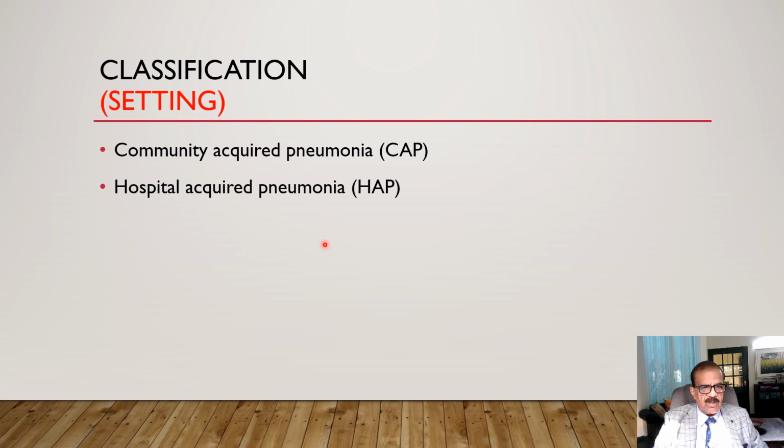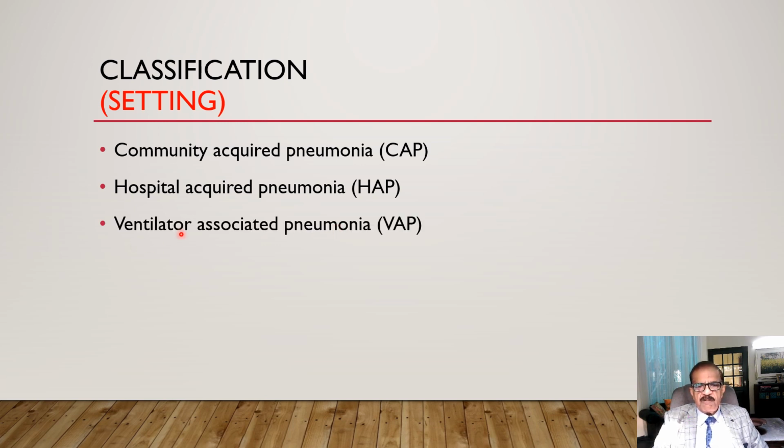So maybe 48 hours later, the patient develops a febrile illness and then develops pneumonia. So that means the organisms responsible for this infection are those which live in the hospital, and they have inherent antibiotic resistance, and these organisms are usually gram-negative, Pseudomonas, those organisms.